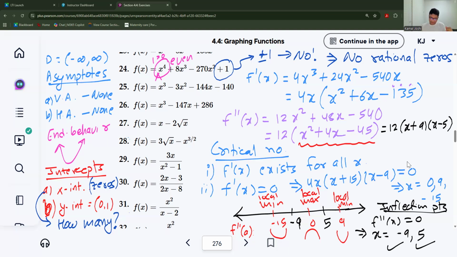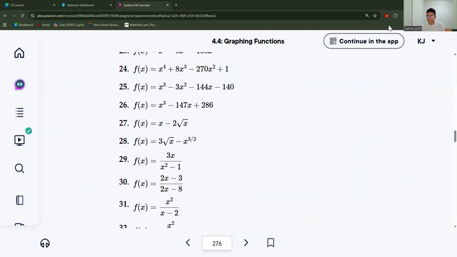Let me delete all of this. Okay, so the values of the function at these 3 points, right? We had determined minus 15, 0, and 9.